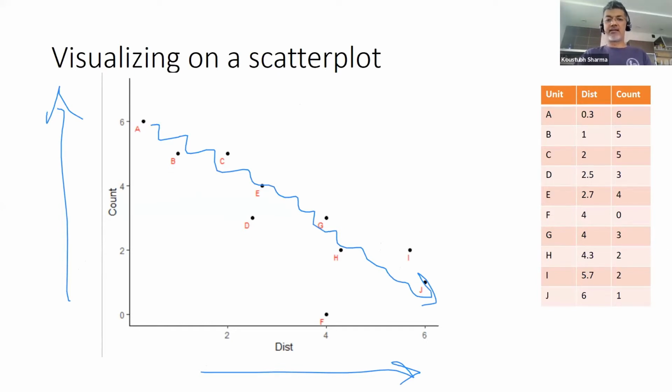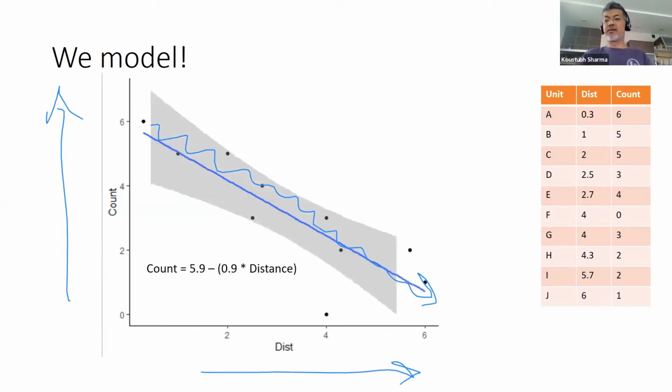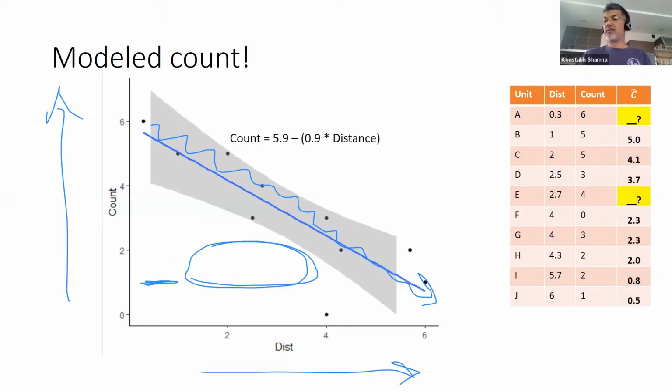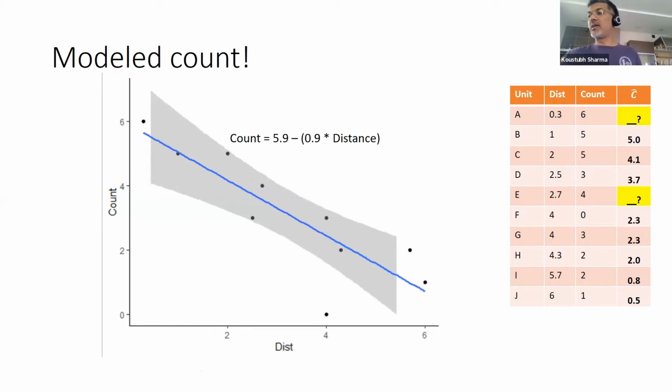So we decided, okay, that's a relationship, and then we created what we call a model. A model is nothing but, in this case, a simple generalized linear model, which is nothing but a straight line equation. We tried to predict count based on the distance. When we run a simple regression analysis, it gives us this equation. Using this equation, we can predict.